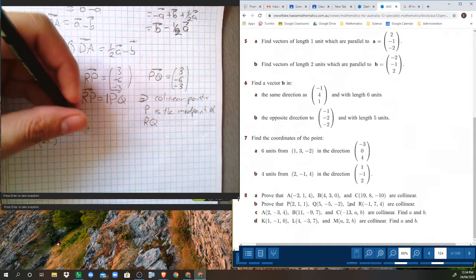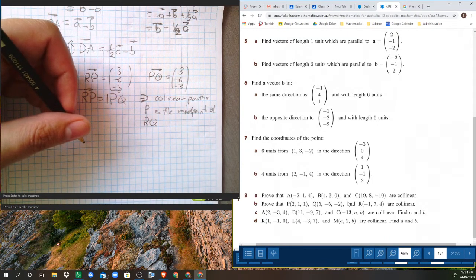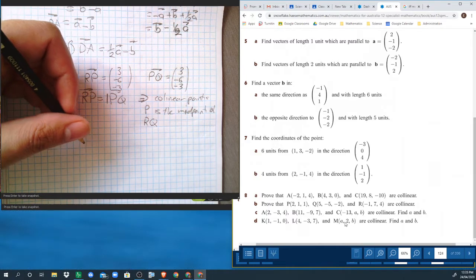So for D, I like to go in the order of something that's increasing. So you see, the only one we have to work with really is Y, because these are unknown. All right. So if I go from L to K and then from K to M, I've got an increasing Y value that way.